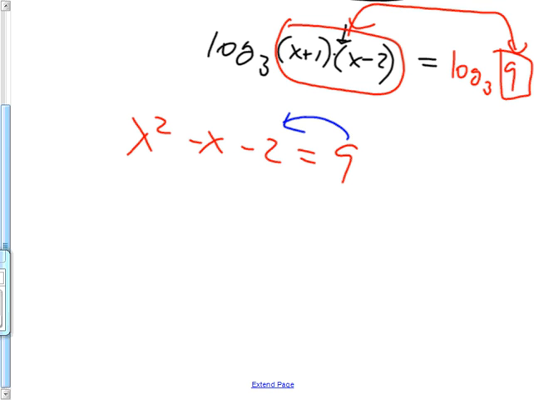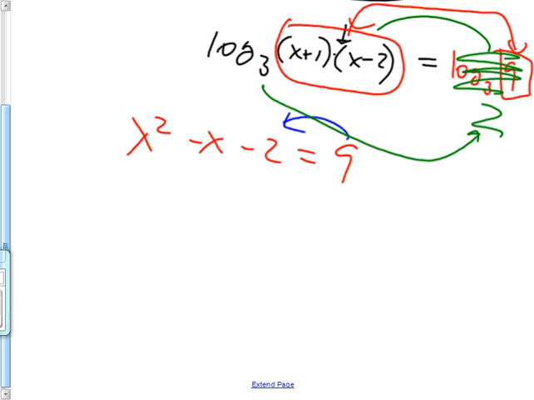But if you make it equal to 2, I just showed that as an alternate way of doing it. So if I make this equal to 2, then I'm going to go 3 to the second equals that, which basically means 9 equals that. Either way, it's 9 equals the other stuff.